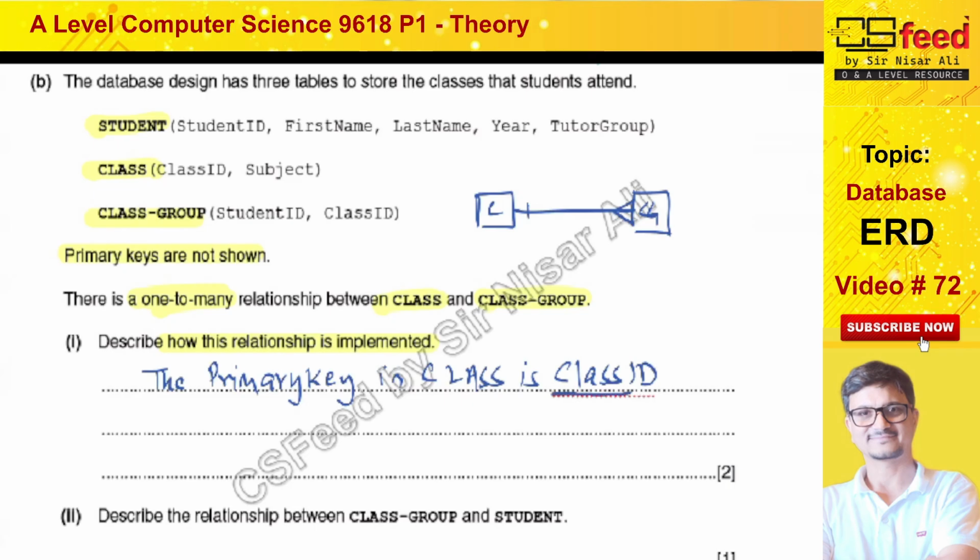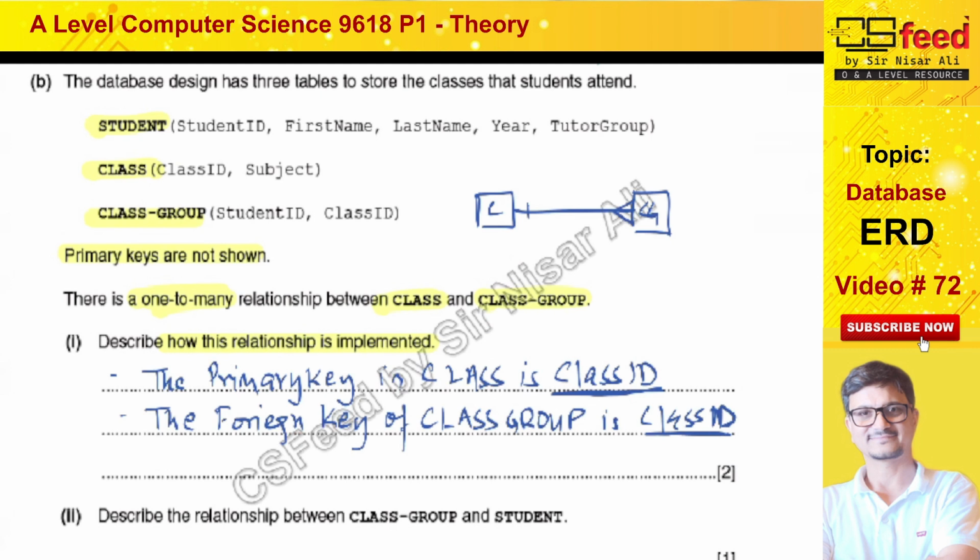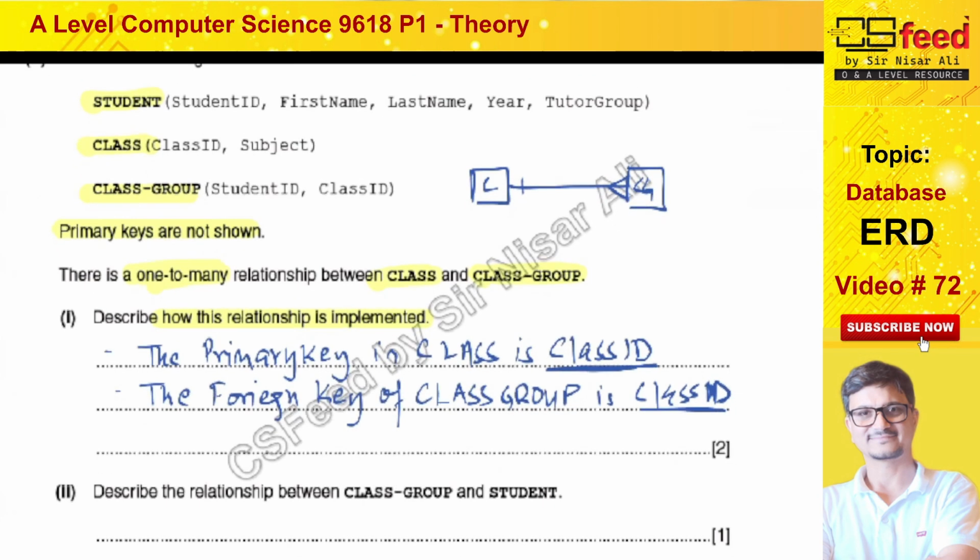All right, so this is the primary key. So it's a 2 mark question. And the foreign key of class group is class ID. So when the primary key of the class is used as a foreign key in the class group, this is how the relationship is implemented.